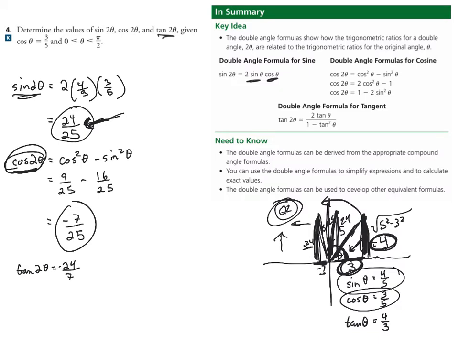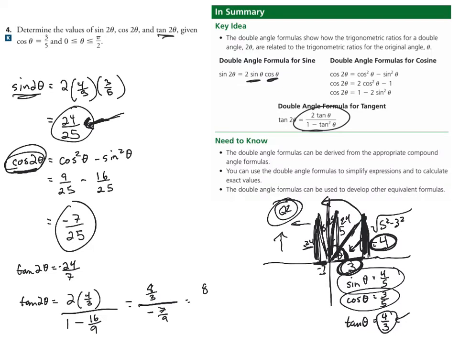But let's do it anyway, using our double angle formulas. Tan of 2 theta equals 2 tan theta, so 2 tan theta is 8/3, divided by 1 minus tan squared theta, which is 9/9 minus 16/9, so we have negative 7/9.